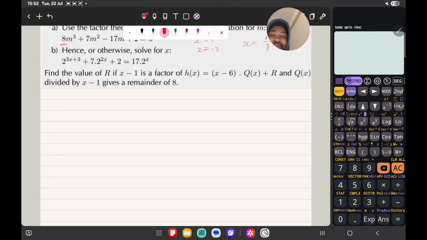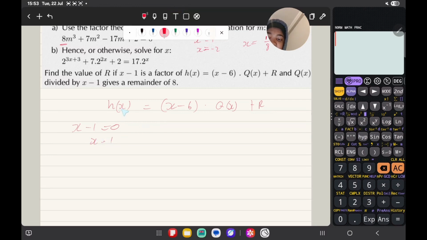So then we know that h(x) equals (x minus 6) q(x) plus r. R is the remainder of h(x) if we divide by x minus 6, right? So now, from x minus 1 equals 0, x equals 1.